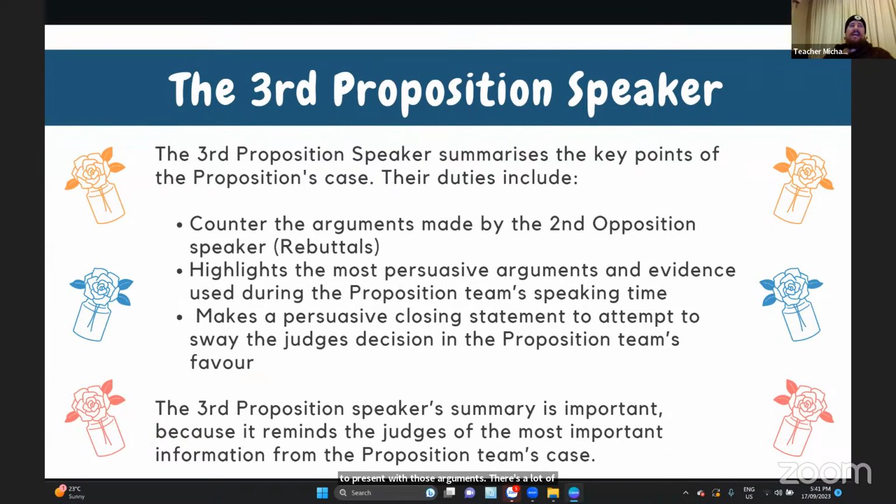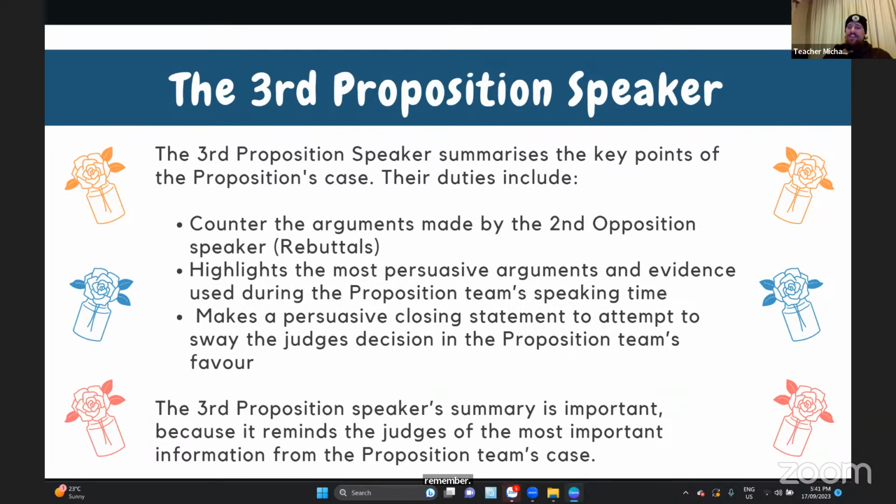And as enthusiastic as they may be, as much attention as they may pay, their brains would melt out of their ears if they tried to remember absolutely everything that's been said. It's just not possible. So by combining this signposting with the highlighting duty, again, you make it easier for the judges to be able to remember which arguments your team made.